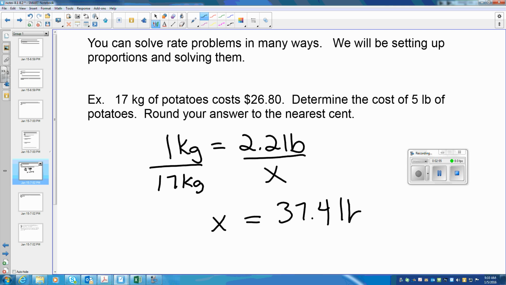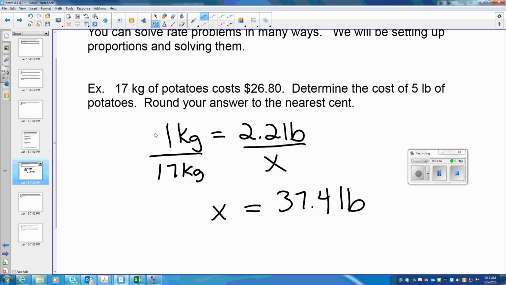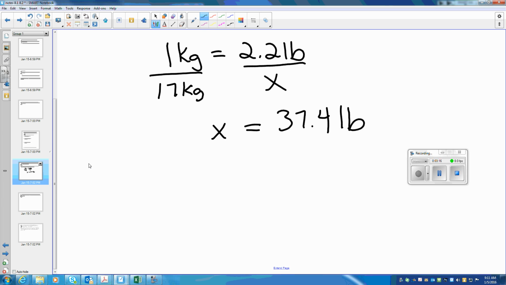So we know 37.4 pounds, how much does that cost? Costs the same as 17 kilograms, right? So if it costs the same as 17 kilograms, it's going to cost you $26.80. So I can take this 37.4 pounds and I can divide it by 26.80.